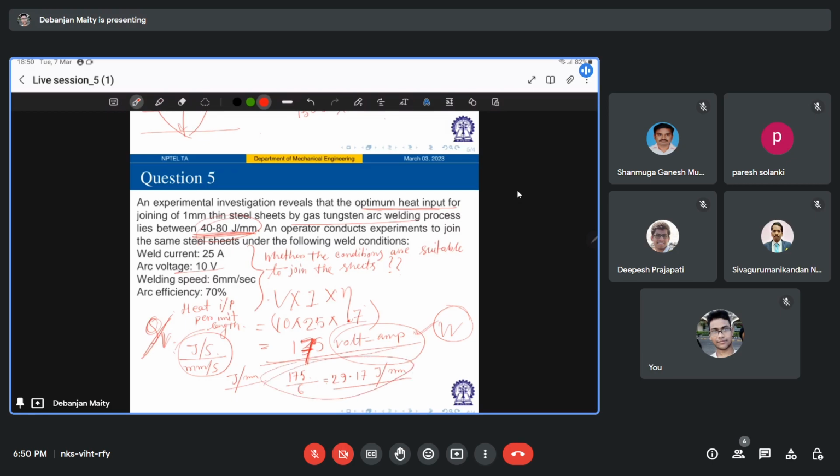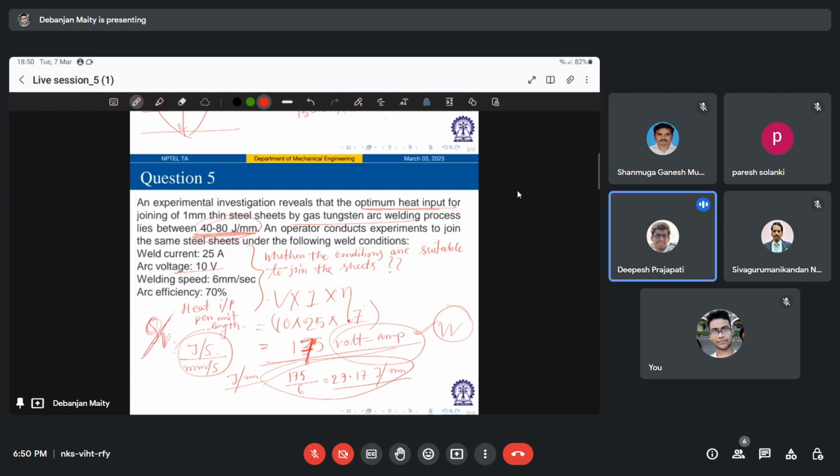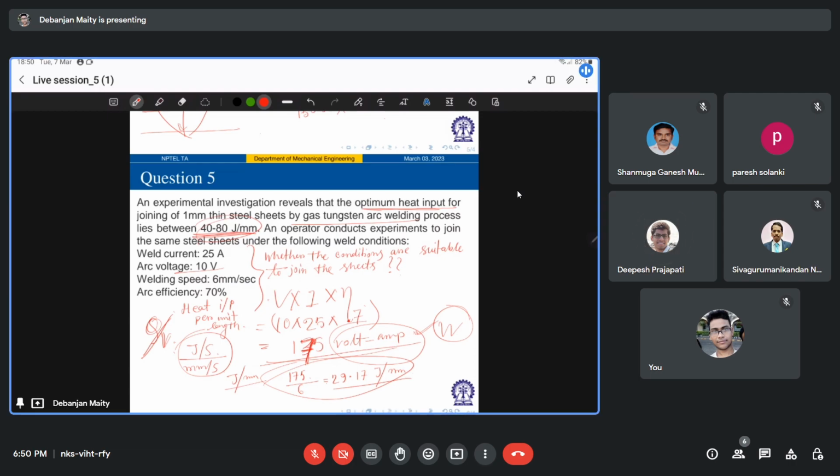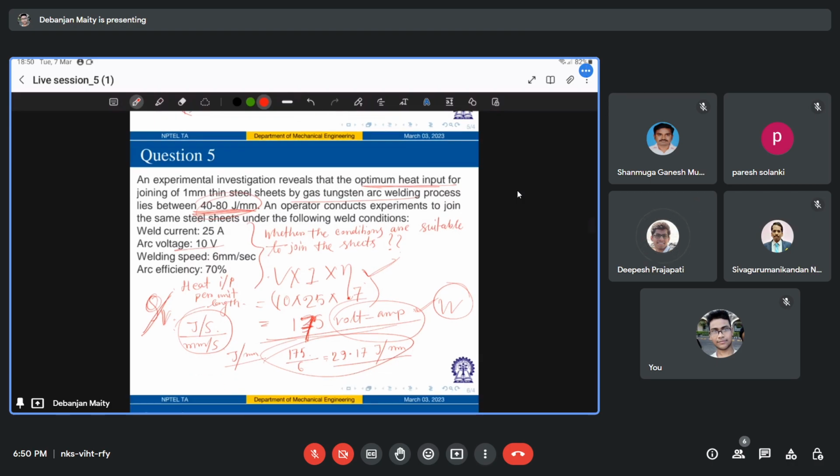So is this sufficient, or does the operator need to change the process parameters? Not sufficient. Either he needs to increase the voltage or increase the weld current somehow, so that this value gets increased, right? Understood, right? We'll move to the next question then.